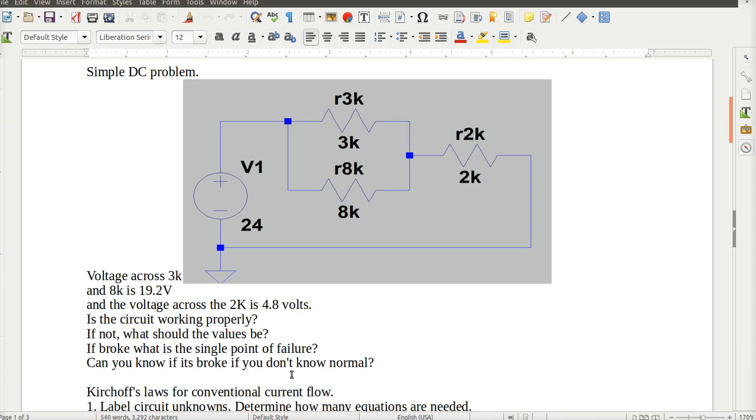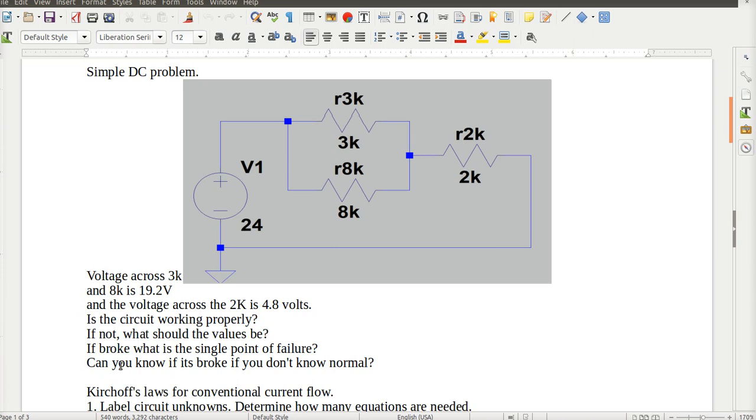And if the circuit is broken, usually in troubleshooting you're looking for a single point of failure: the one component and the one condition, usually an open or a short, that would cause the values to go from what they should be to what I gave you.